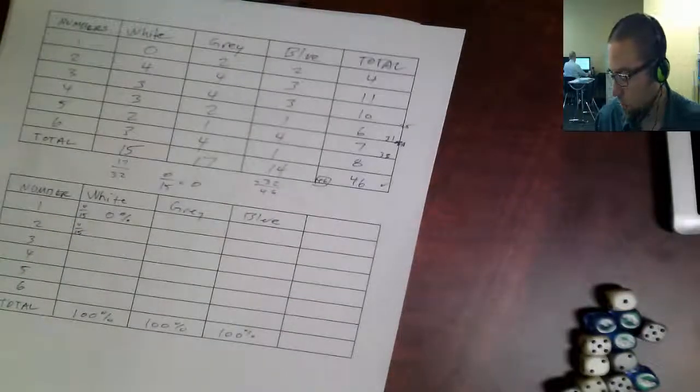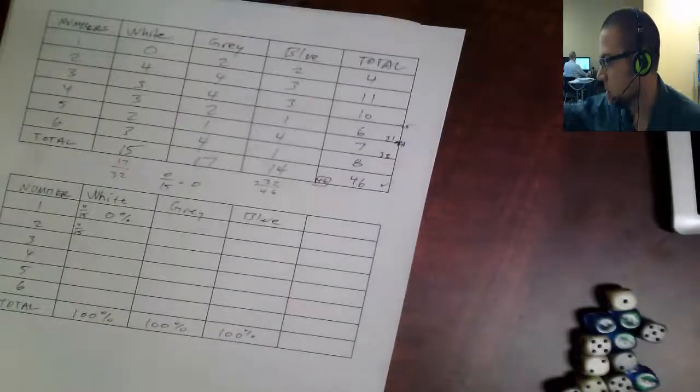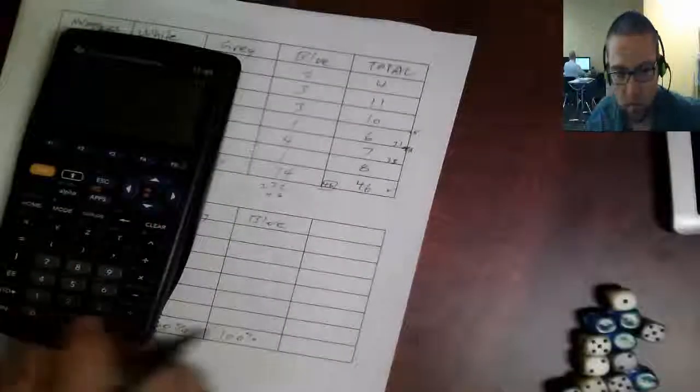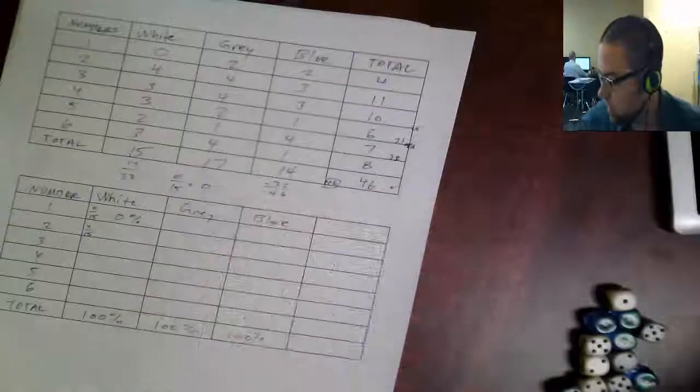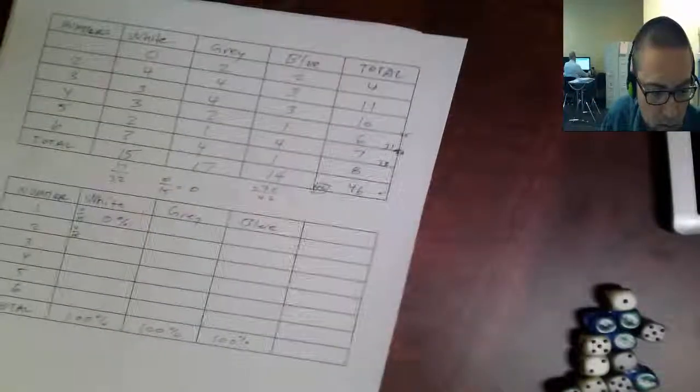Okay, the next category. Now it's going to be 4 out of 15. So 4 out of 15, I need to use my calculator. And you're not going to be able to see that, so I'll use the computer calculator.